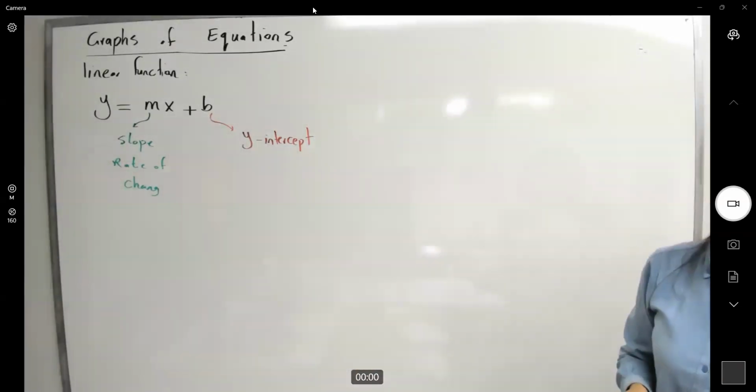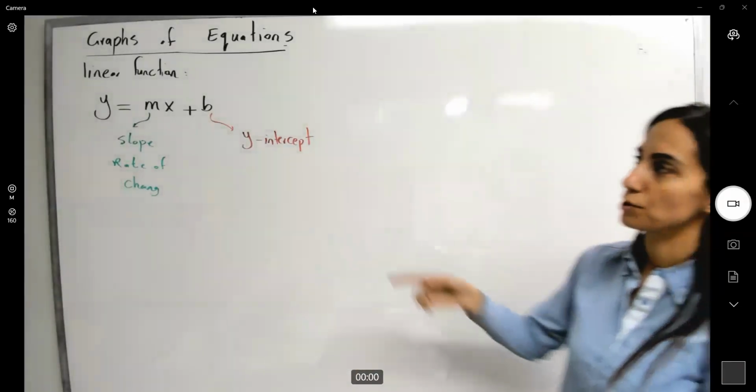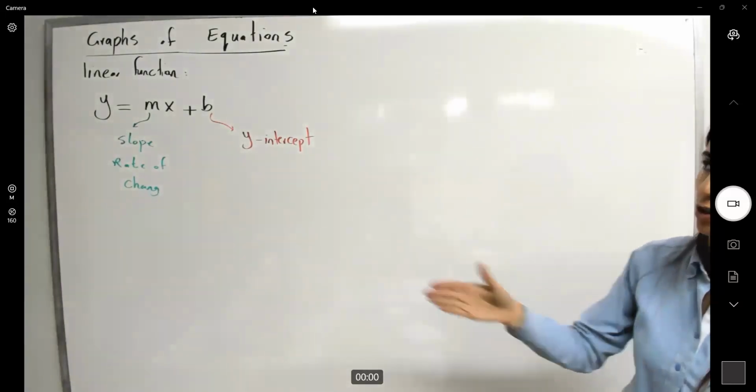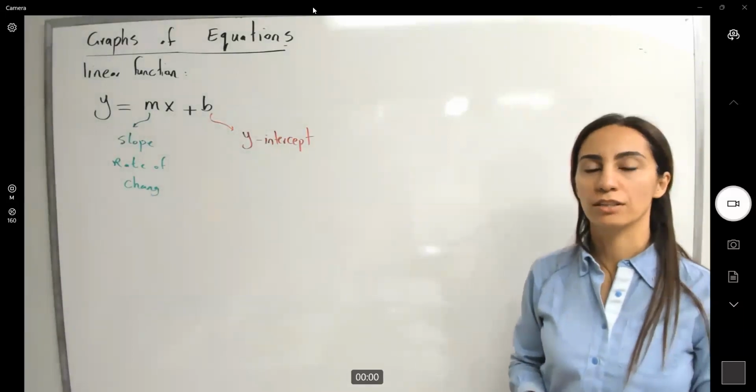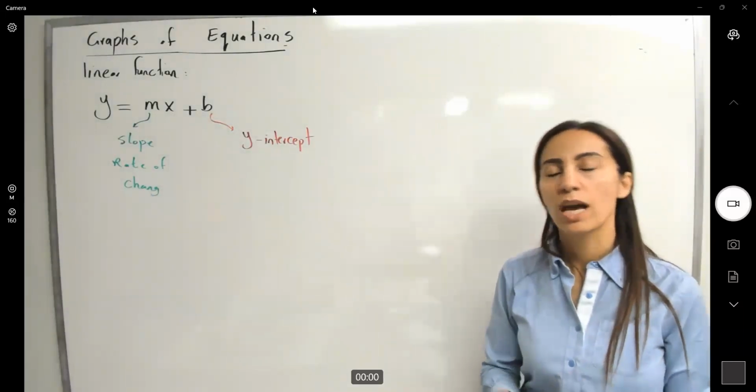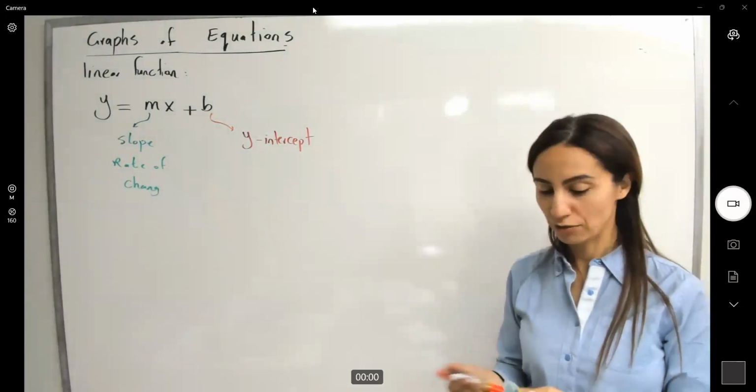When you're dealing with different functions, especially linear function and later on a quadratic function and more, you're interested in finding the x-intercept and y-intercept of the function.